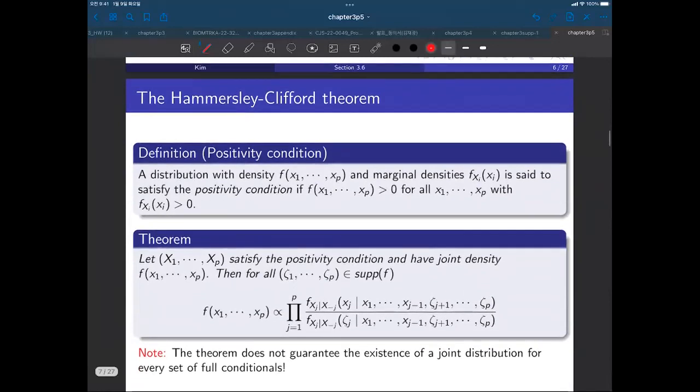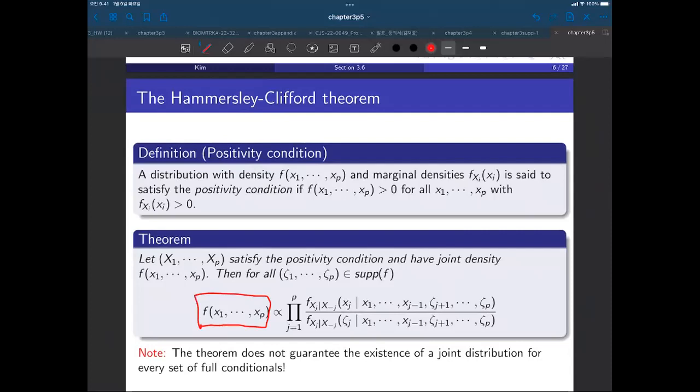To answer the first question, there is the Hammersley-Clifford theorem. The Hammersley-Clifford theorem basically says that your joint density is a product of ratios of the full conditional densities. It looks very weird, but anyway, you have a weight, right?